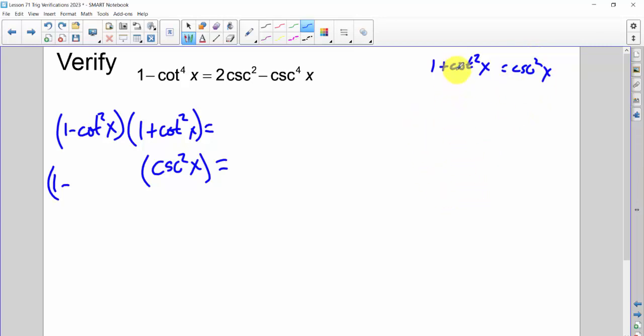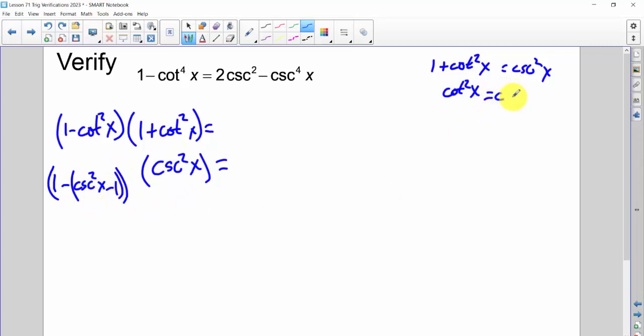Now, if I isolate cotangent squared, as I've done before, I subtract the 1. So now I have 1 minus cosecant squared of x minus 1. Put that in parentheses.